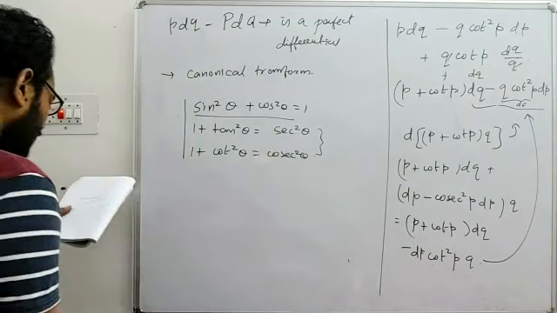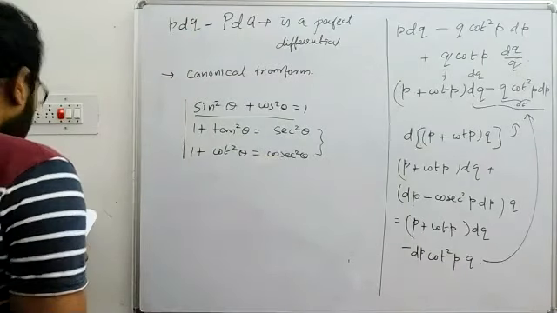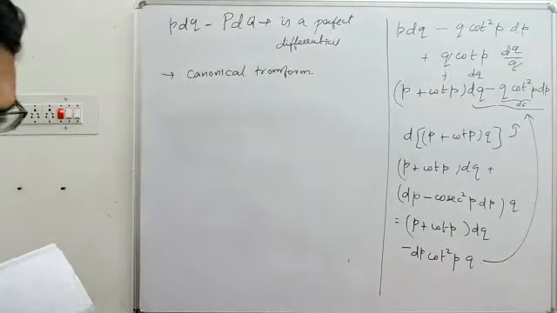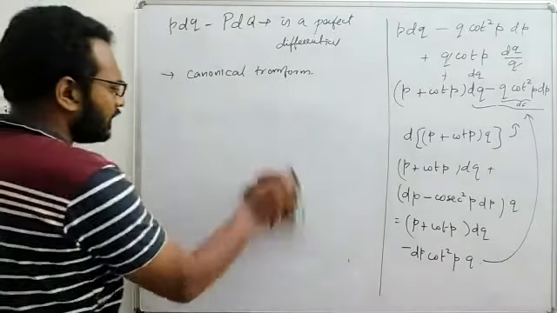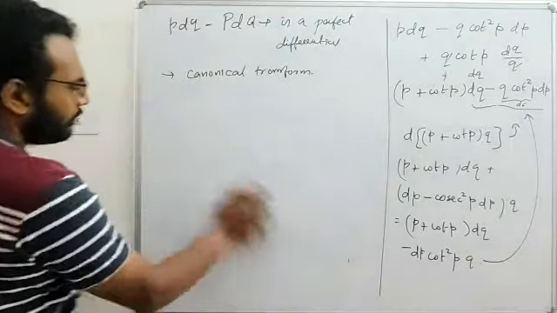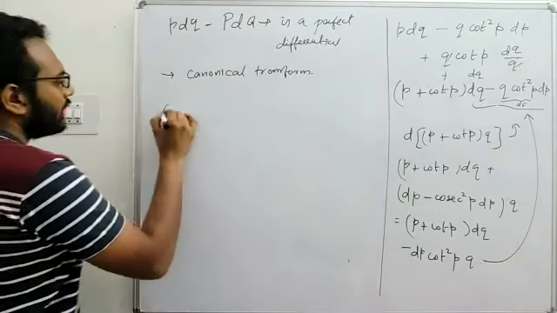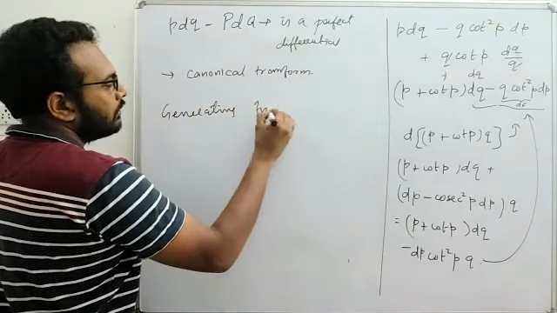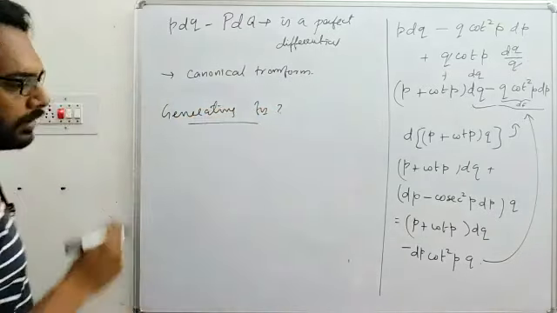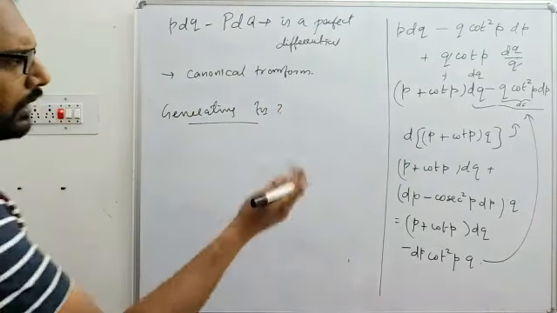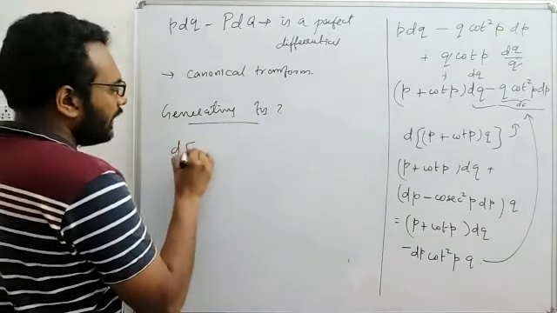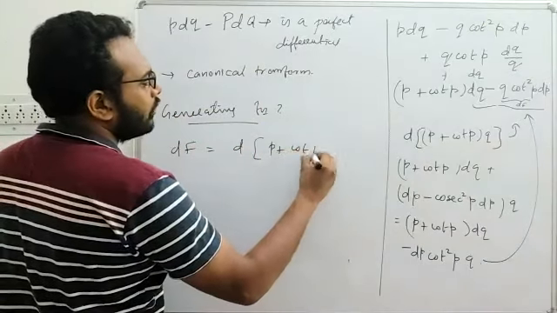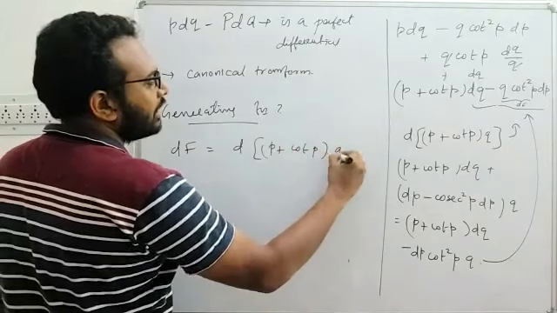So that is a canonical transformation. Can we also find the generating function? Since we found df, let's try to find the generating function. We saw that df is equal to d of p plus cot p multiplied by q.